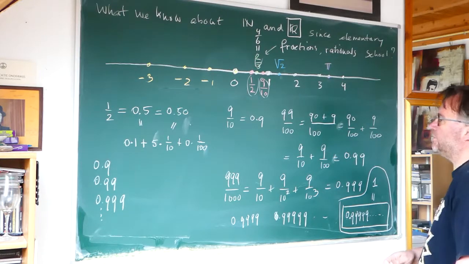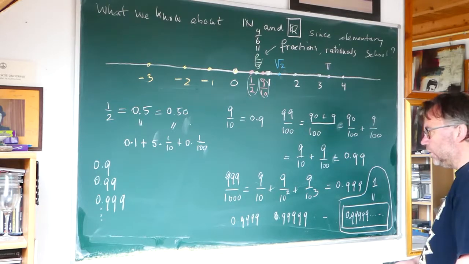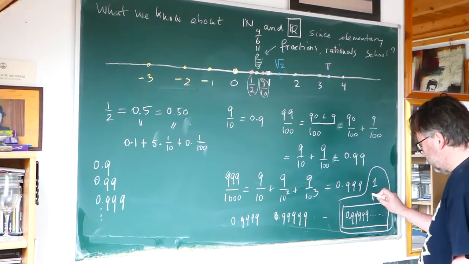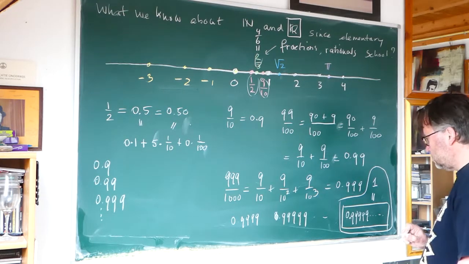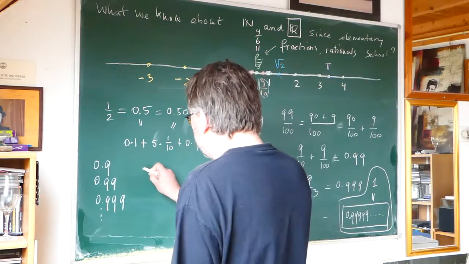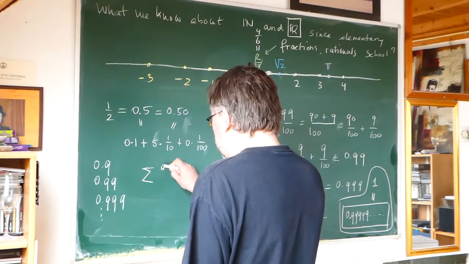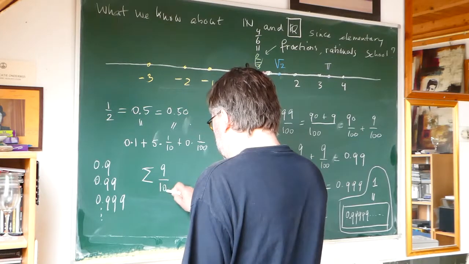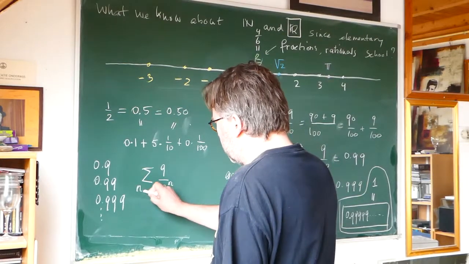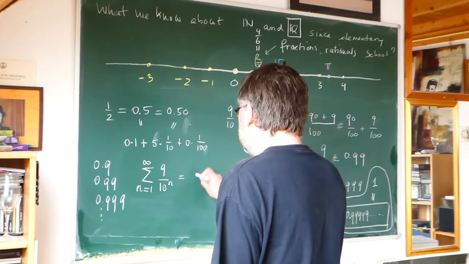Okay, that's a consideration. If we come to the agreement that this is equal to 1, then this statement here, that this is equal to 1, in modern notation is saying that the sum of 9 over 10 to the n, where I sum n from 1 to infinity, is equal to 1.